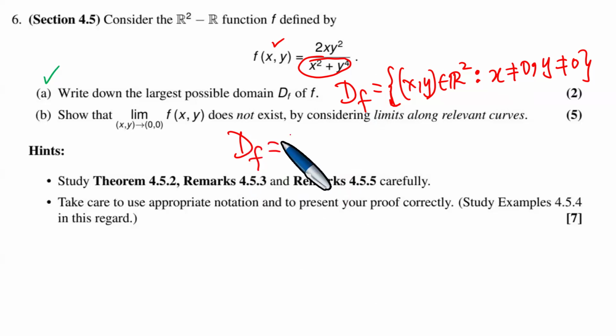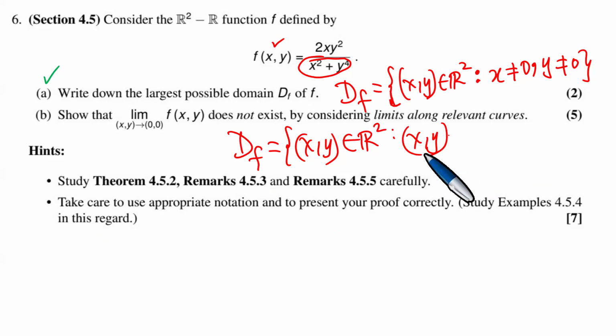So (x, y) is an element of R2 such that (x, y) is not (0, 0). So x and y cannot be simultaneously 0. And that would be the largest possible domain of the function f.